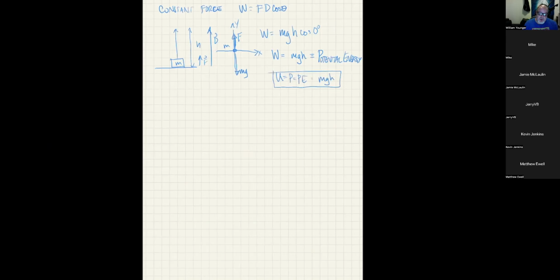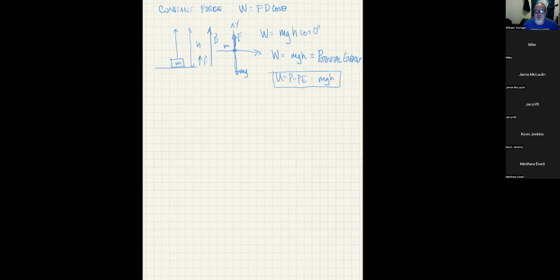In fact, the work done is equal to the change in potential energy, because we moved so slowly that we didn't increase its speed, which is another type of energy we could have given it. By moving it so slowly, we just got it up to the height h, but it had no speed. So all the energy went into lifting it, and in that case, the work went into the change in potential energy.